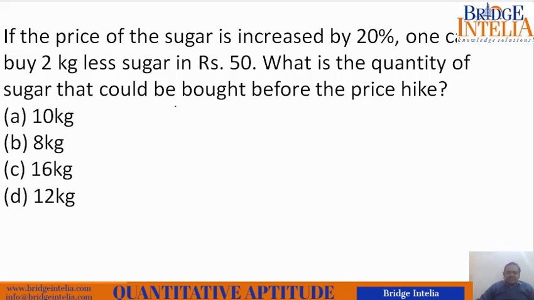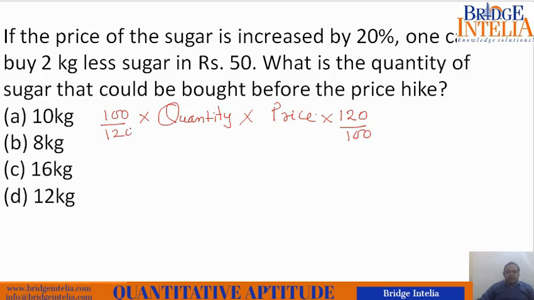So if expenditure is the same, the product of quantity and price has to be kept constant. So price increases by 20%, so you have to multiply price by 120 by 100. As a counter to this, quantity has to be multiplied by 100 by 120.